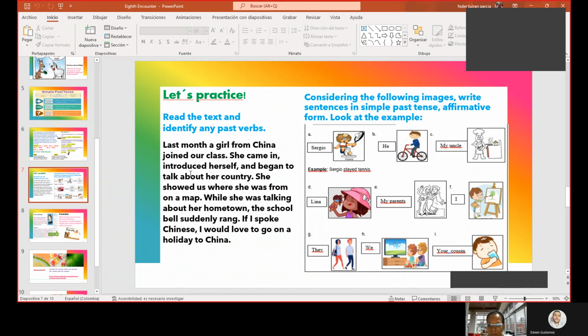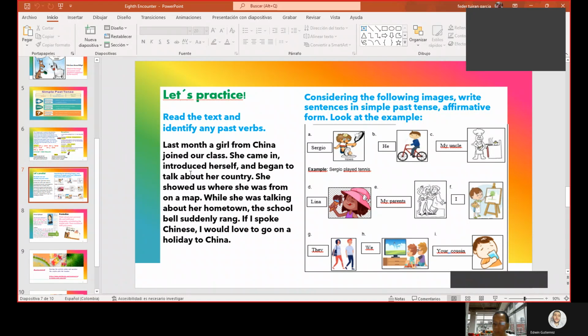Lina ate ice cream last Sunday. My parents danced last weekend. I drew a natural scene last class. They walked last night at the Central Park. We watched the NBA's game last Friday. Your cousin drank all the water.